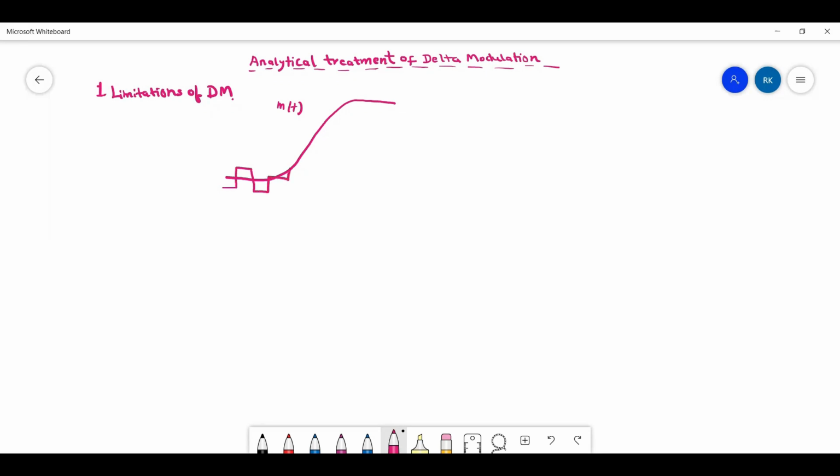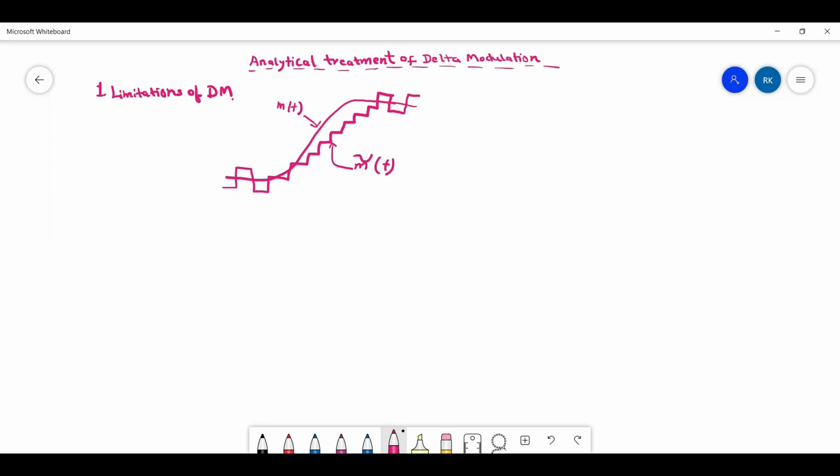Suppose this is how the staircase function looks like, and you see this function is most of the part not able to approximate this particular message signal, and the approximation looks something like this. So this continuous signal was m(t), the original signal, and this approximating staircase function was m cap(t), and this is an example of positive slope overload.